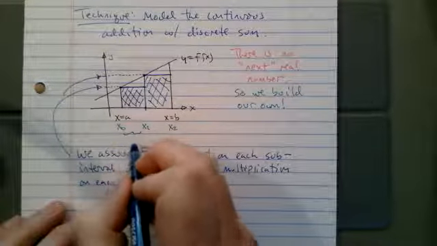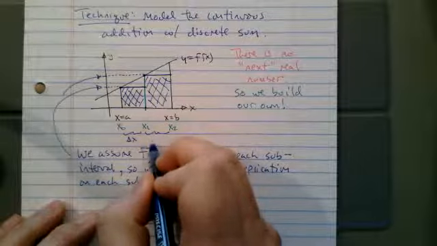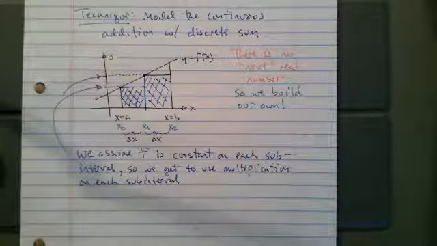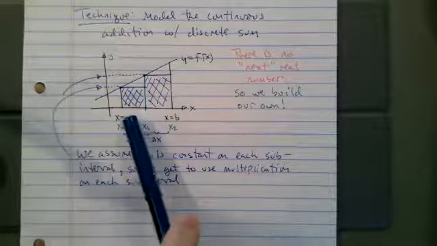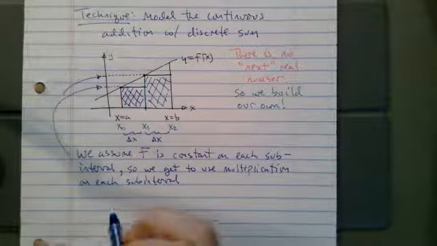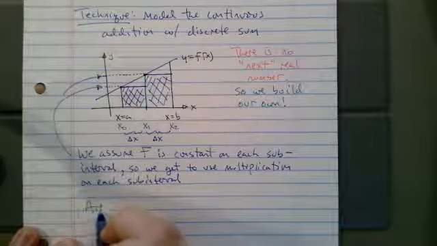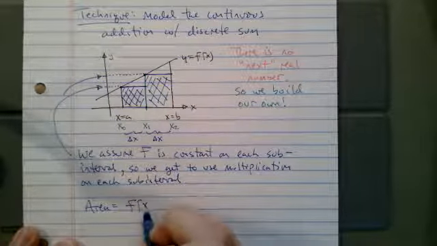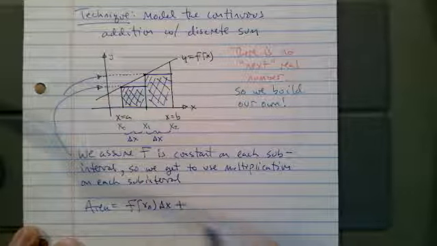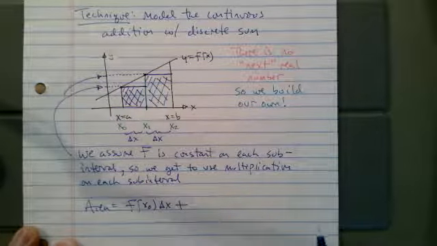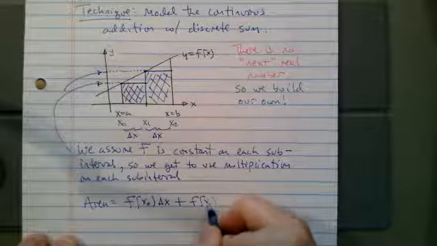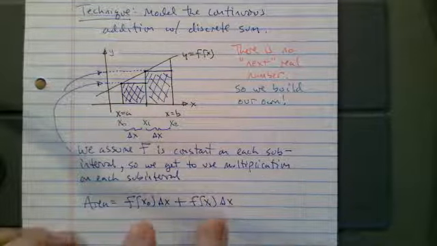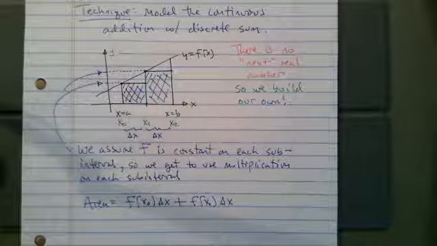This is delta x, some small change in x. The first rectangle is the function evaluated at x0 times delta x. Then I add the function evaluated at x1 times delta x. That is an approximation of the area under the function f of x and above the interval from a to b.